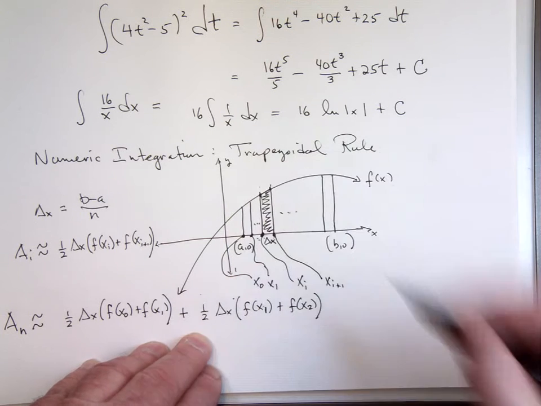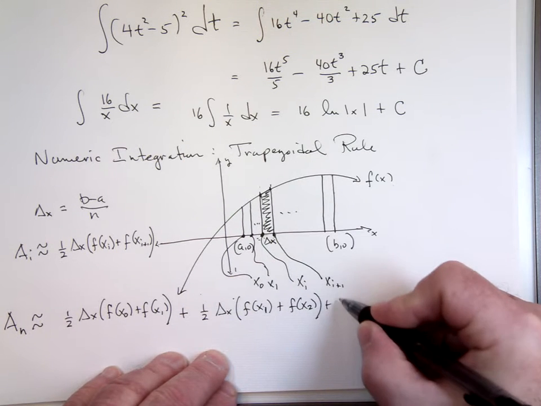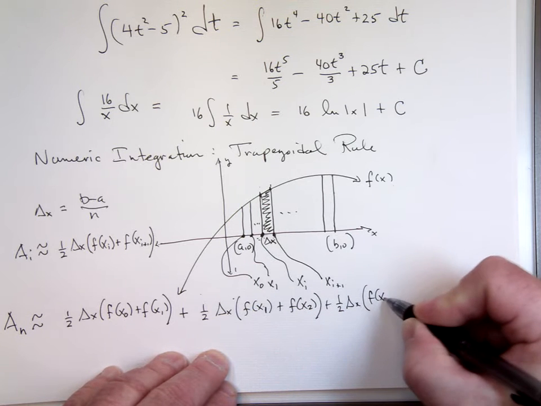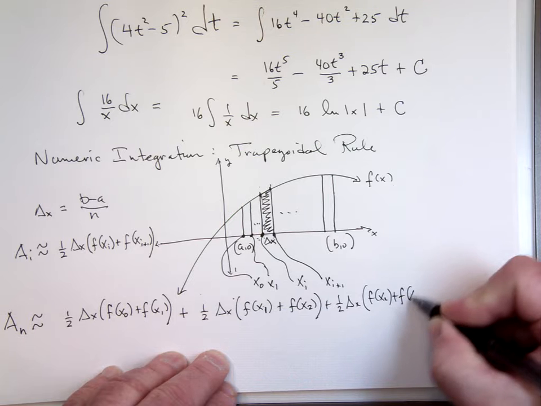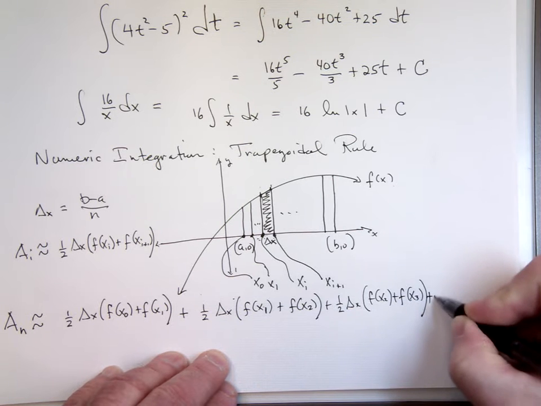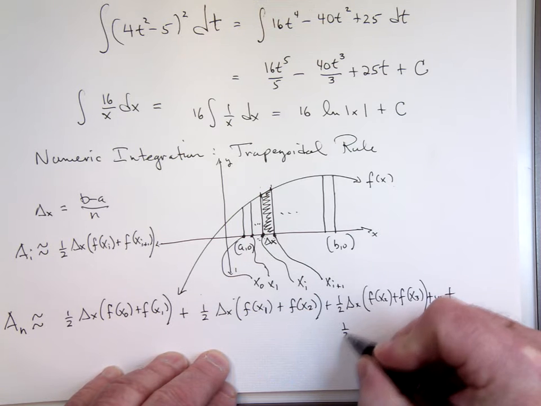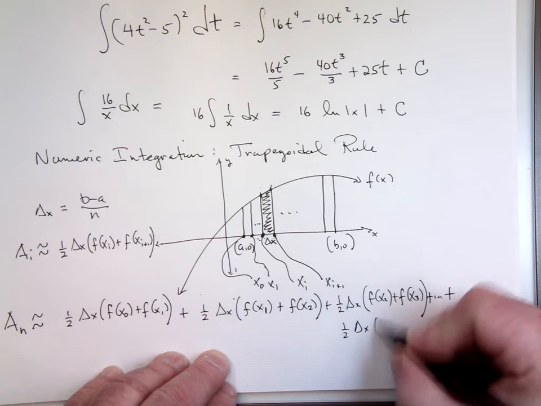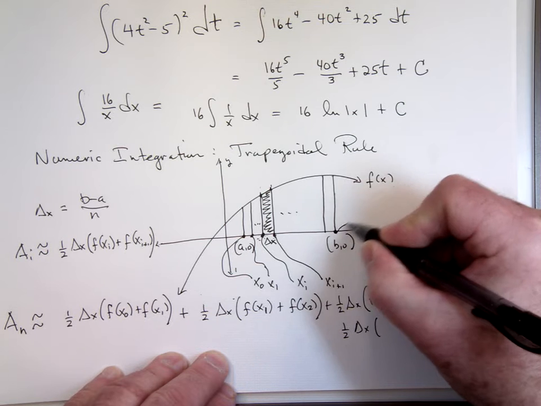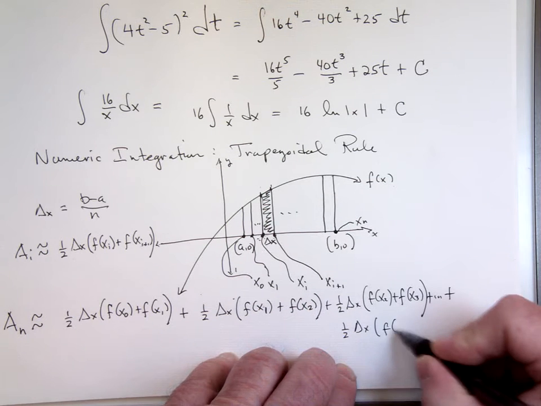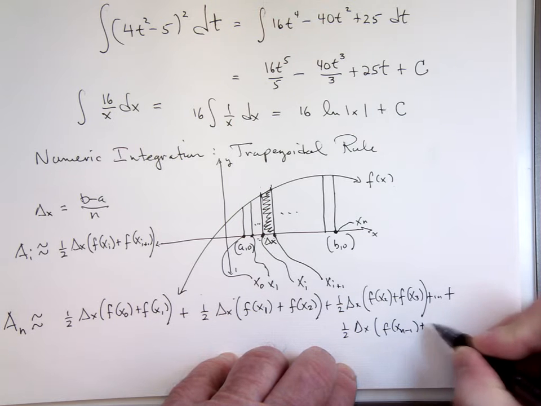And that's what I'm doing. So I'll do one more. 1/2 delta x, f of x sub 2 plus f of x sub 3. And then the last one we have is 1/2 delta x. Now, this would be x sub n right here, right? So it would be f of x sub n minus 1 plus f of x sub n.